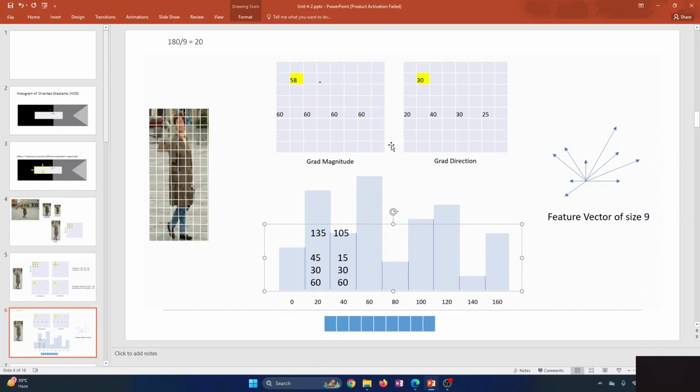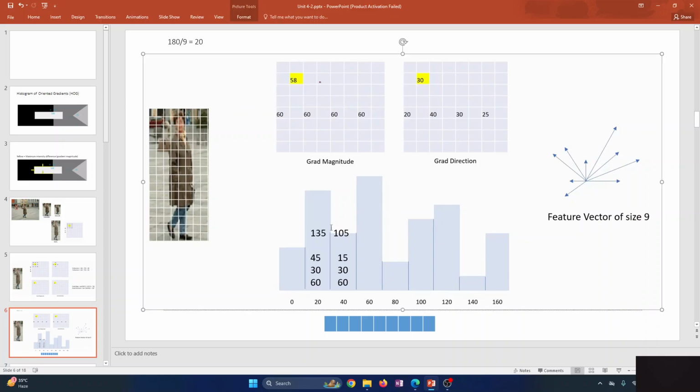Likewise, this is just a very small part of the image. If we consider the whole image, there will be multiple values. The sum will be more and there will be more bins. Here we considered these cells and these are the values. So now we are obtaining our feature vector.